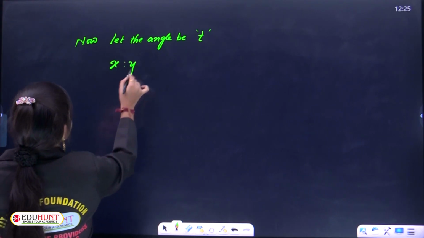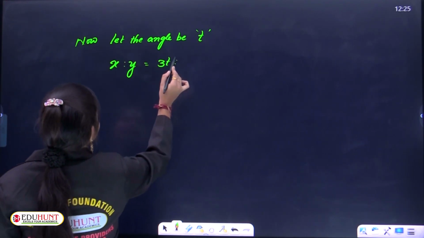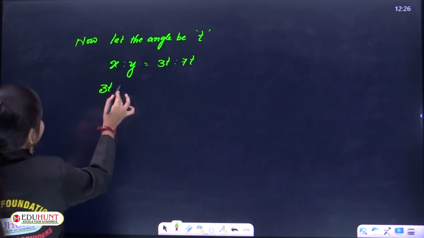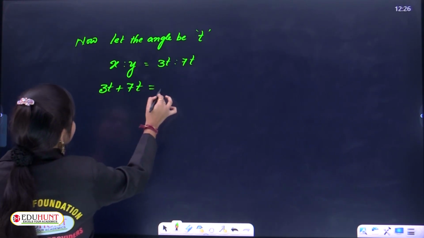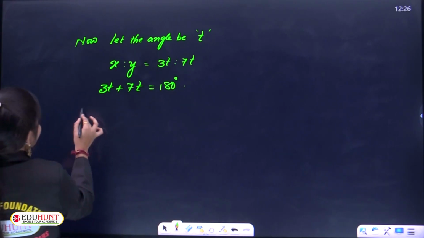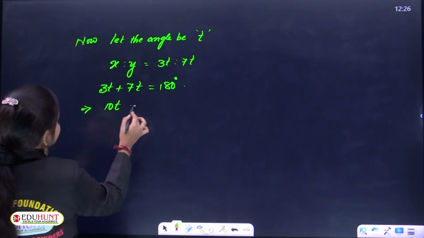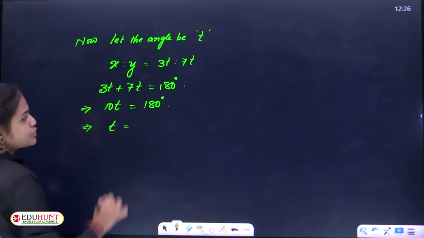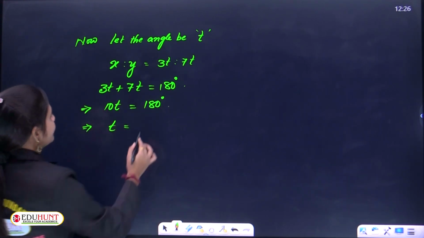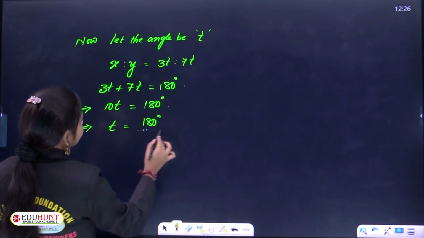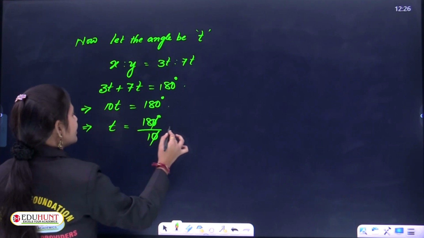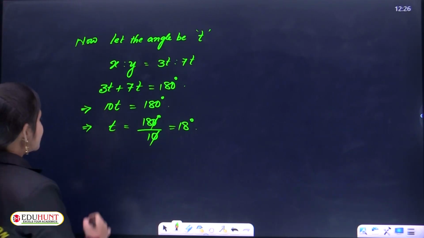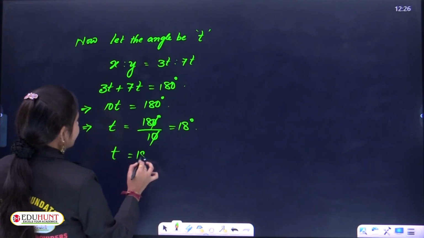X is to Y is equal to 3T is to 7T. Now 3T plus 7T is equal to 180 degrees, which is 10T equal to 180 degrees. From this, T is equal to 180 divided by 10. The 0 and 0 get cancelled. Then T is equal to 18 degrees.